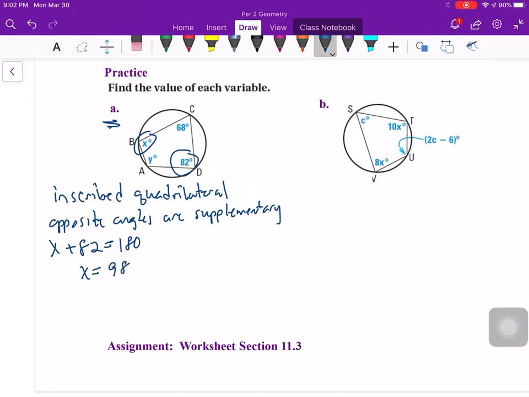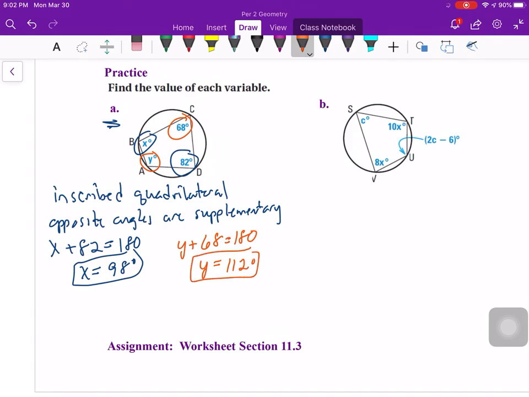Subtracting the 82, x would come out to be 98. And similarly, the 68 and the y are opposite angles. So y plus 68 equals 180. So the y would equal 112.